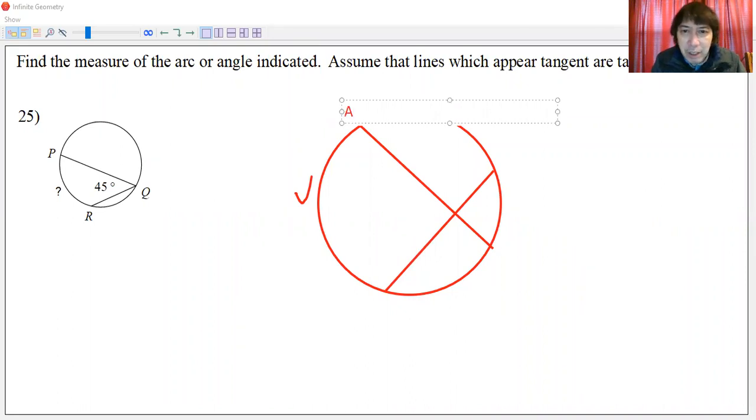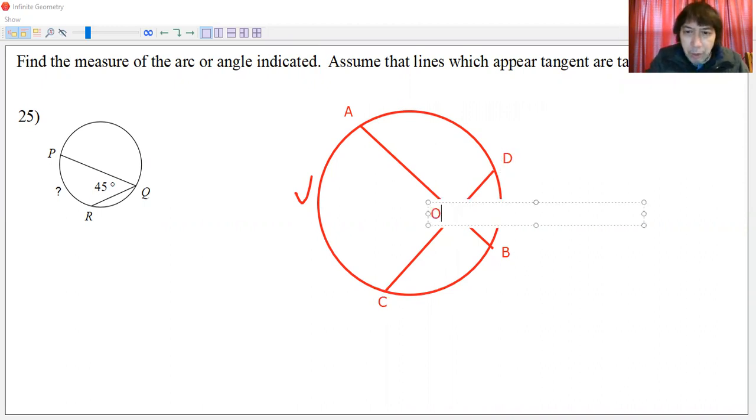So if this is A and this is B, and this is point C, and this is point D, over here, and let's mark the intersection as point O there. All right, so here is our diagram.